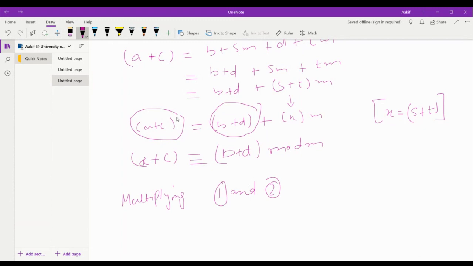What we'll get is A times C is equal to B plus S times M times D plus T times M.